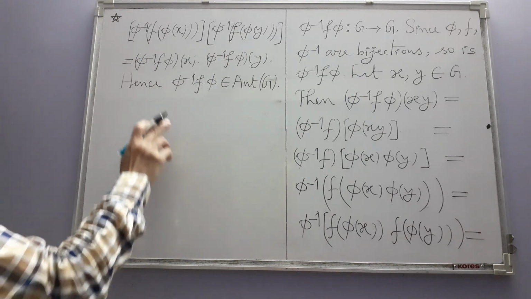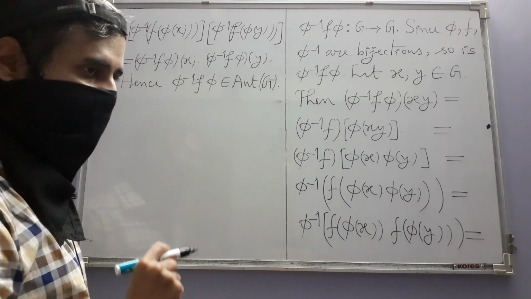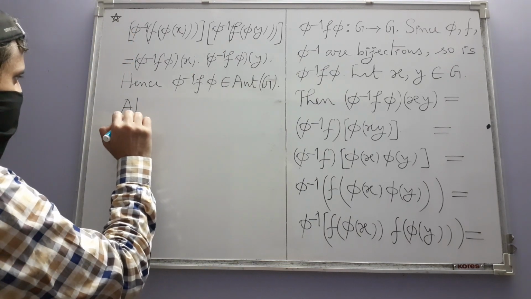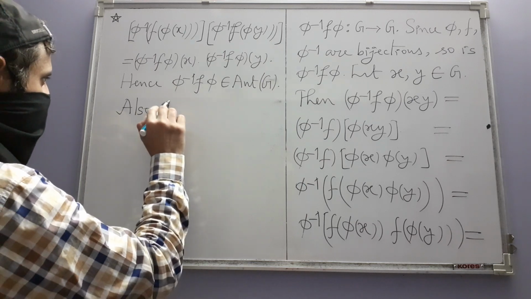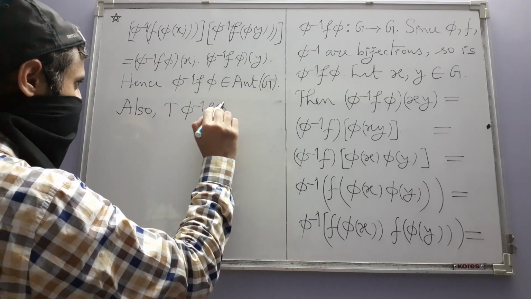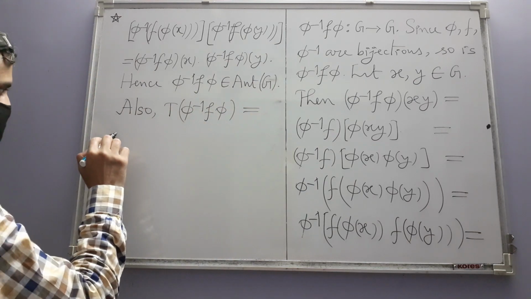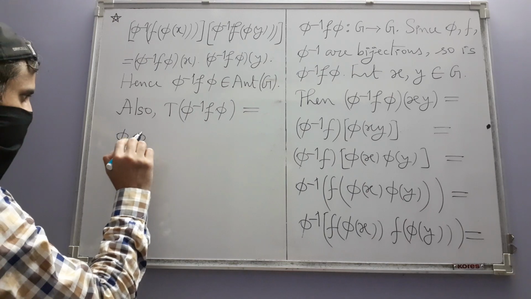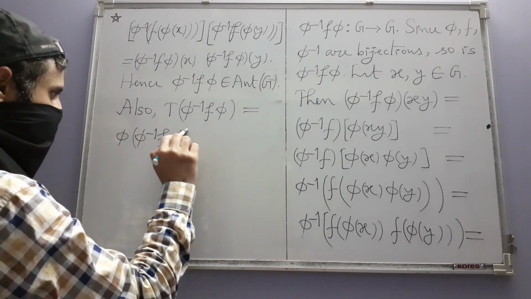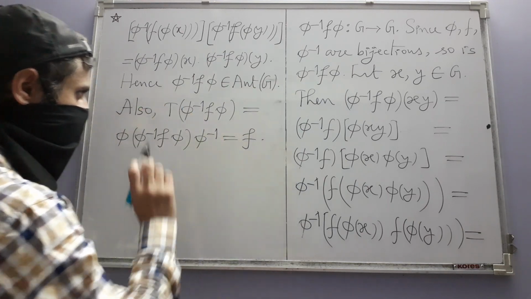Now we can apply capital T on this, because now it has become a point in the domain of capital T. Also, this by the definition of capital T is going to be this. So that's it.